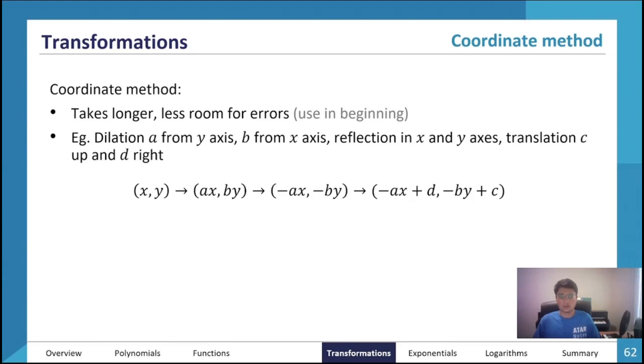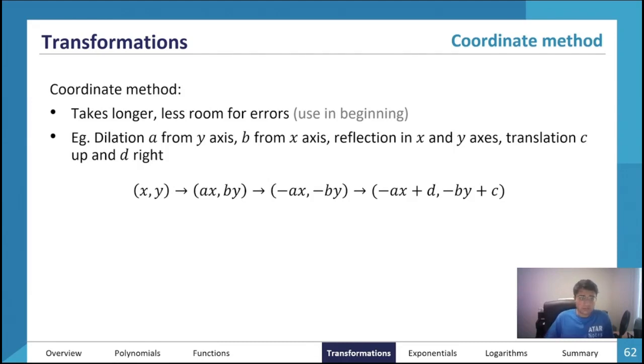Now, the thing is with the replacement method, it's very quick. It's the way that you should be using it, like at the very end of the year leading up to exams. But when you begin tackling transformation questions, make sure you use the coordinate method, because there's less room for errors and it'll maximize your chances of getting to the right answer at the end.